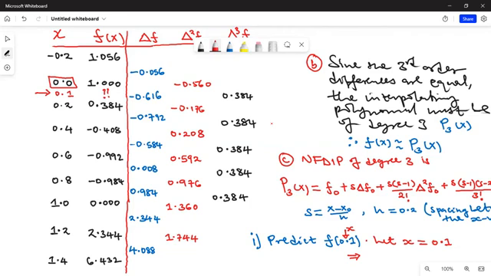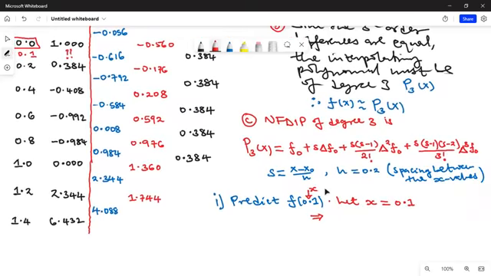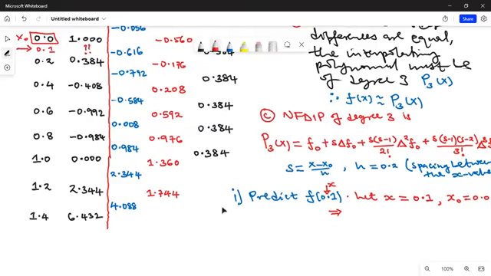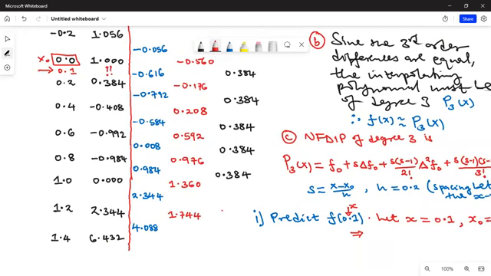For this case, let us use 0.0 as our x naught. So if x naught is 0.0, what is our f naught? It is the value corresponding to x naught, that is 1.00. This will be our f naught.